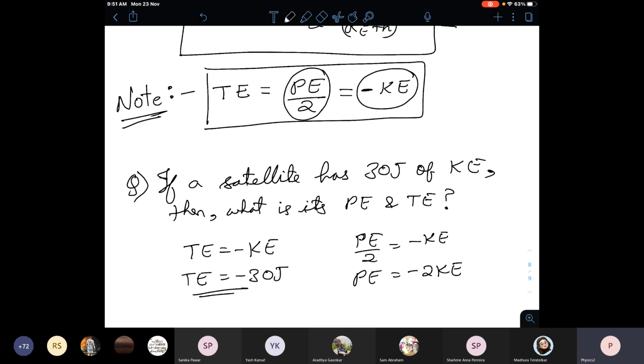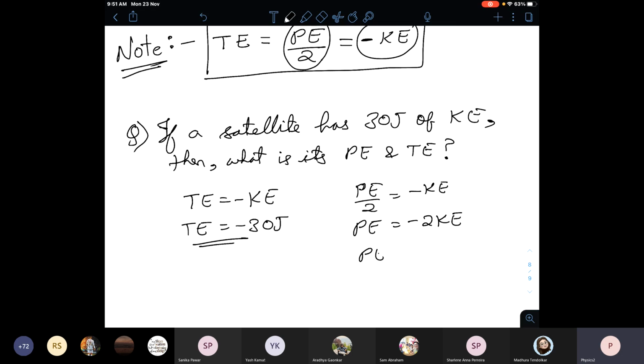So again replace kinetic energy as 30 over here, so potential energy will come out to be minus 60 joules. So you have the total energy without knowing anything about the satellite. You just know the kinetic energy. You don't know any other information, at what height it is, at what speed it is moving. You don't even know the mass of the satellite, but you can tell everything about its energy.